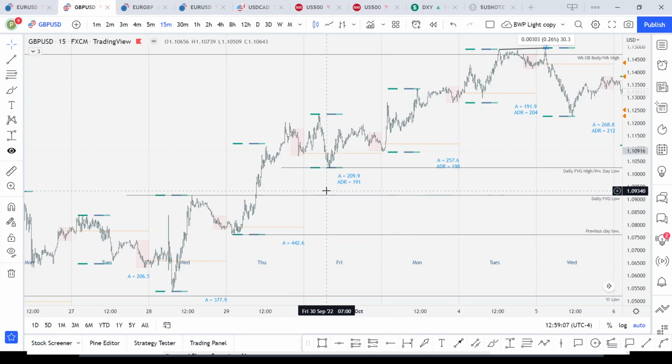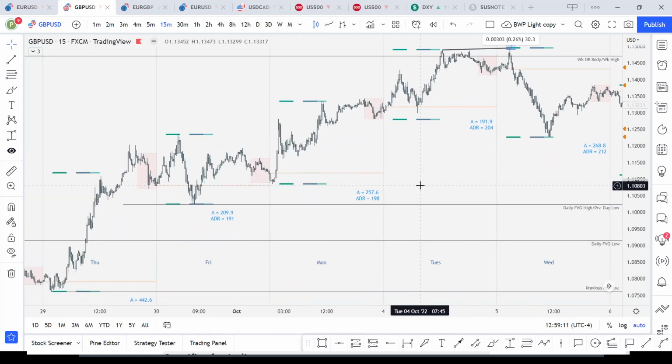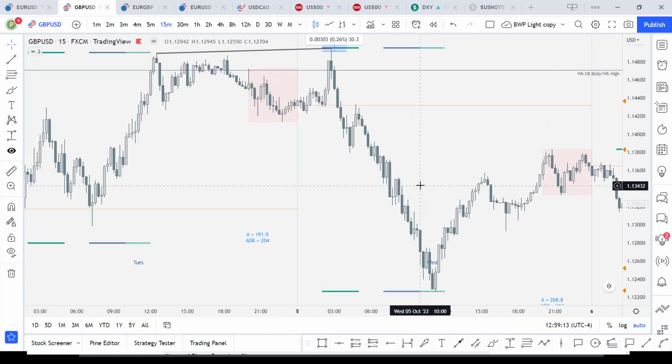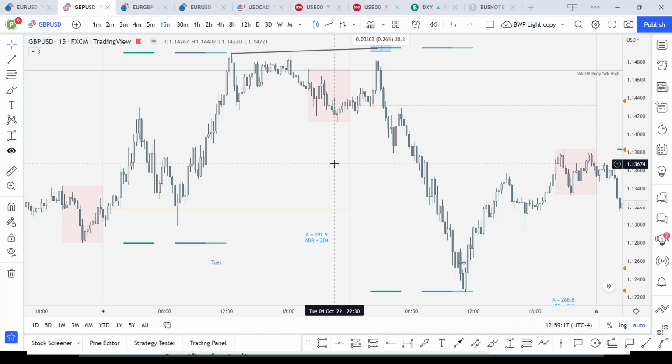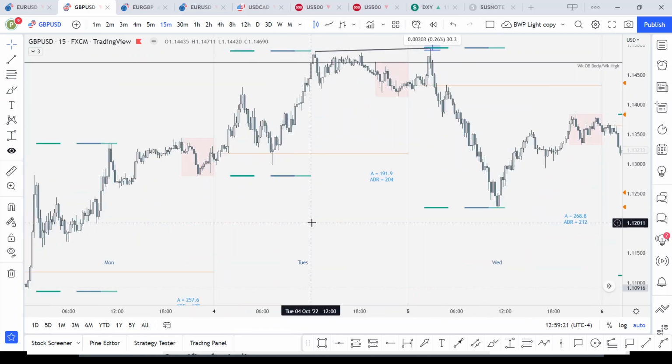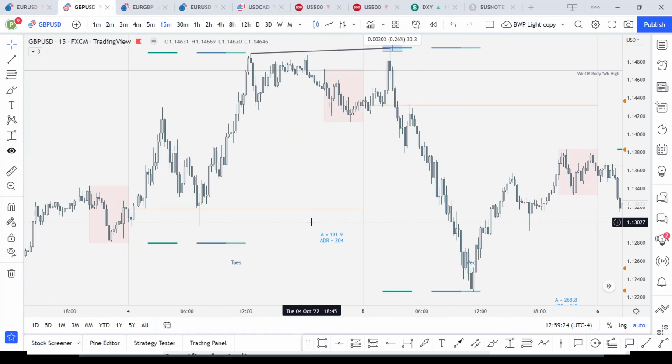So this is the model I want to use to pass the challenge and for this 1K to 1 million challenge. So to start with, the first thing is to do a top-down analysis at the beginning of the week, from the monthly to the weekly and the daily time frame, and even the lower time frame.